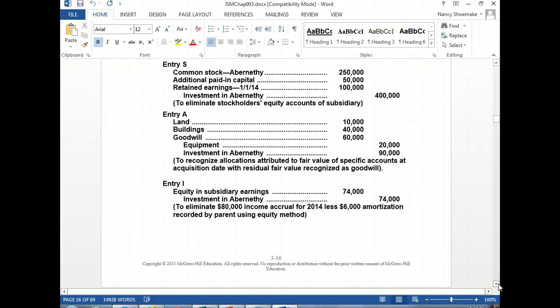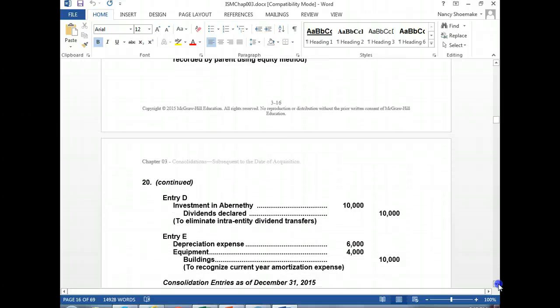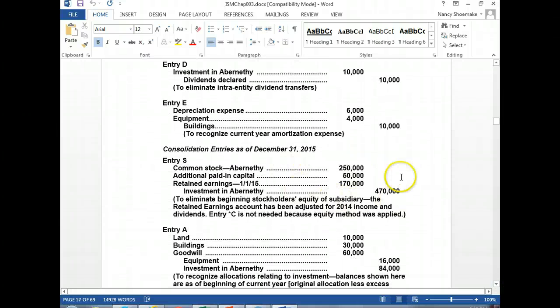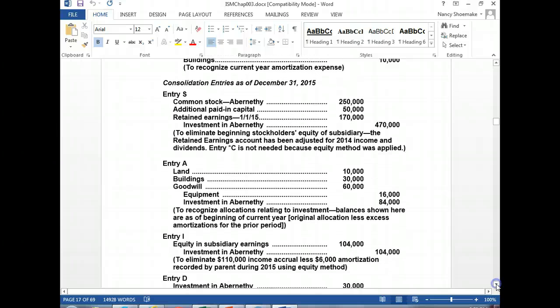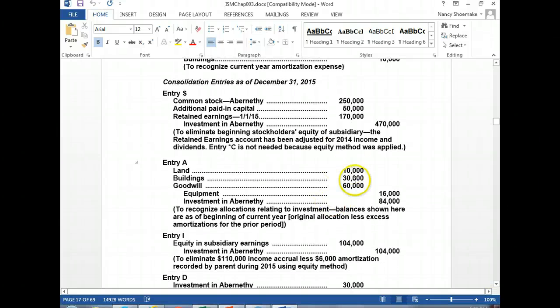This year on the books, the retained earnings are $170 because we have to take into account the income they made in this year minus the dividends they paid out. That make sense? Then, so we subtract our investment in Abernathy by that same amount. So again, we have to adjust the books based on what's happened during this period. Then we also need to clean up, get rid of any, create the allocations for the various assets.